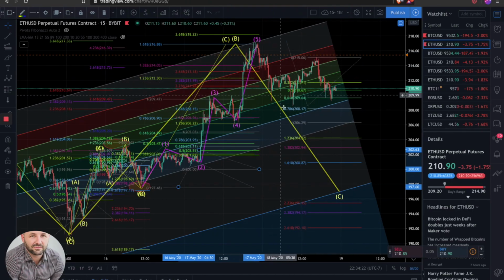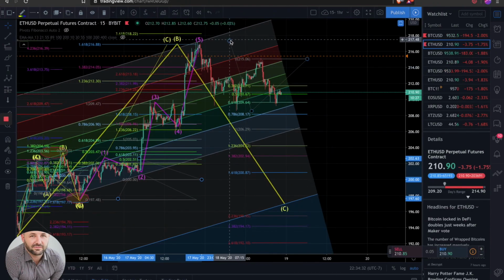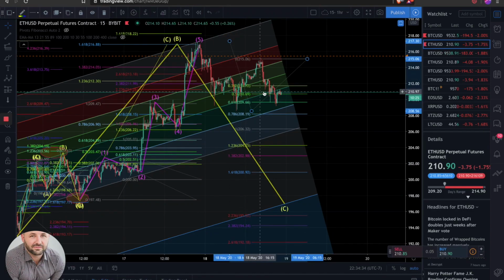I was looking for a C wave down for a 5-wave structure, and it kind of looks like we may still be forming that as we move down, and that's what the fib projections are on this particular chart for potentially an A, B, and then down for a C.